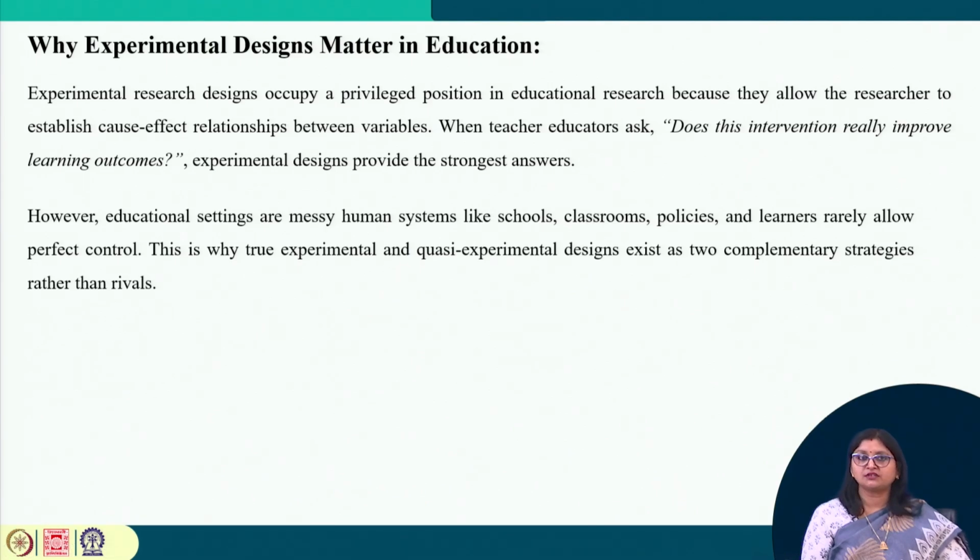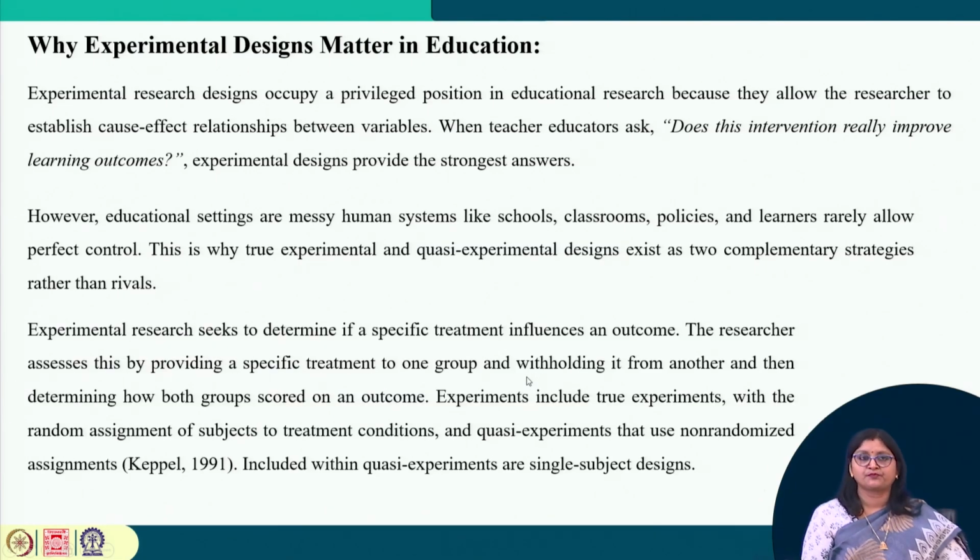However, educational settings are messy. Human systems like schools, classrooms, policies, and learners rarely allow perfect control. This is why true experimental and quasi-experimental designs exist as two complementary strategies rather than rivals.